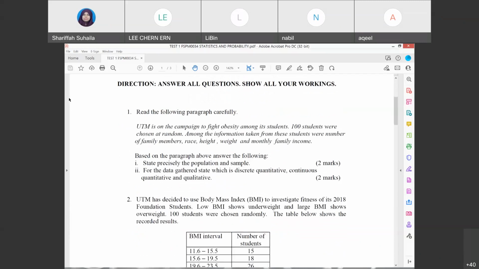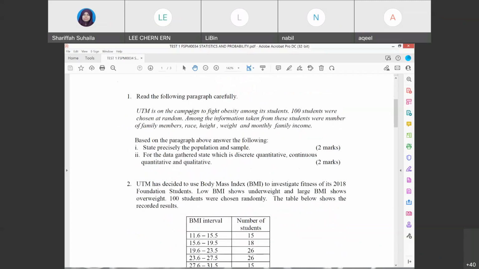Okay. So again here, if you look at the first question, it has its statement. Okay, read the following paragraph carefully. UTM is on the campaign to fight obesity among its students. So 100 students were chosen at random. Among the information taken from these students were number of family members, race, height, weight, and monthly family income.